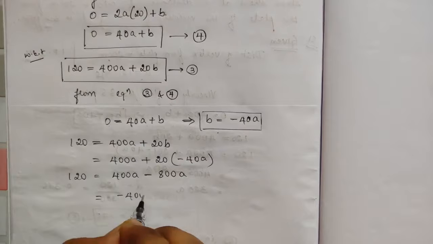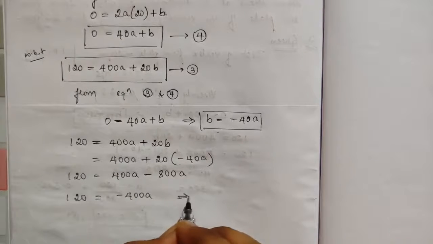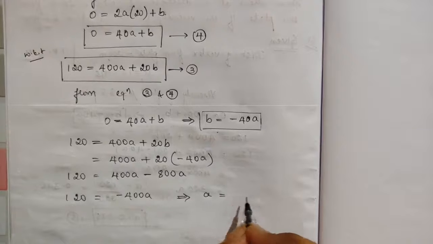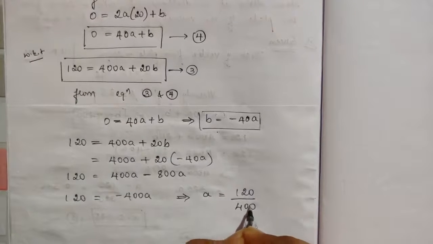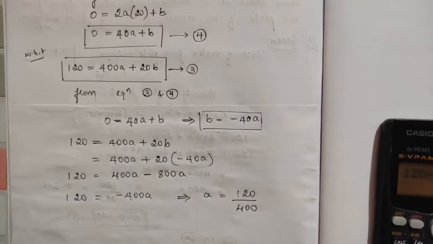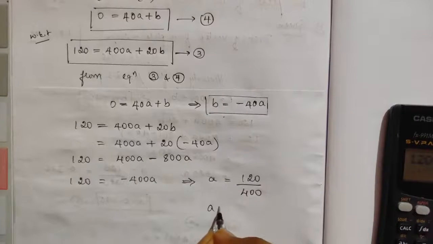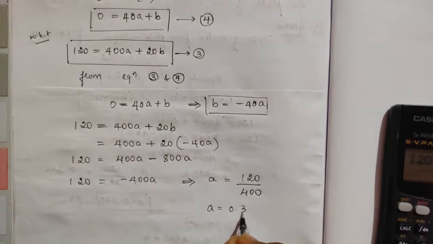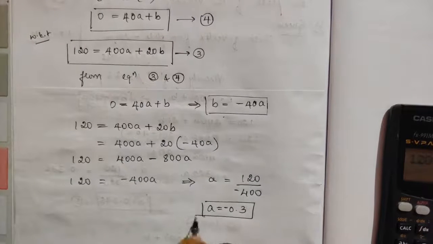So this will be minus 400a is equal to 120, which implies the value of a will be 120 by 400. Correct? 120 by 400 is 0.3. So the value of a is 0.3, but it is negative.